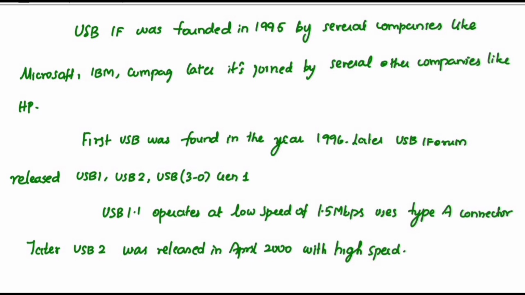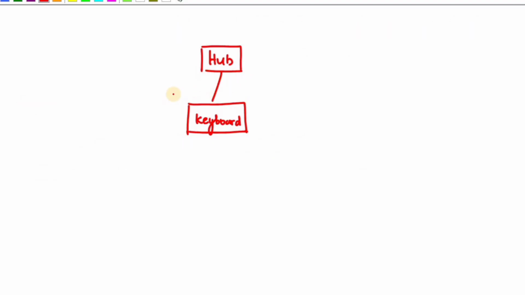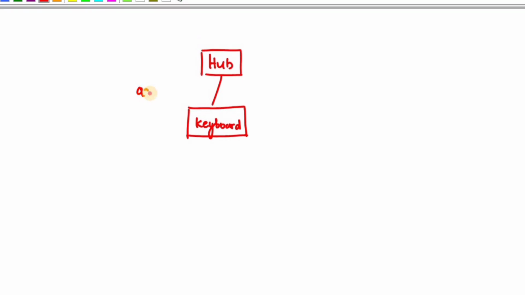Now let us come to the device characteristics. Whenever any device is connected to the computer, we have to note that the speed, volume, and timing constraint associated with the data transfer from and to the device will vary significantly. Suppose you see the keyboard: whenever a key is pressed, 1 byte of data gets generated. This data must be transferred to the computer properly.